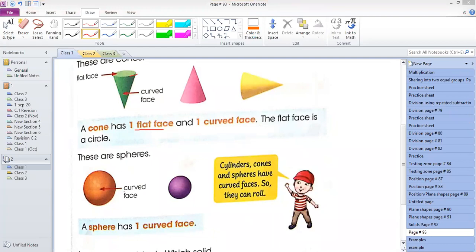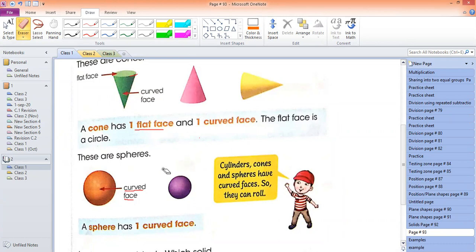I'll tell you the properties of a sphere, guys. It has only one curved face, zero vertices, zero edges. It has only one face. Why zero vertices and zero edges? What is an edge, guys?